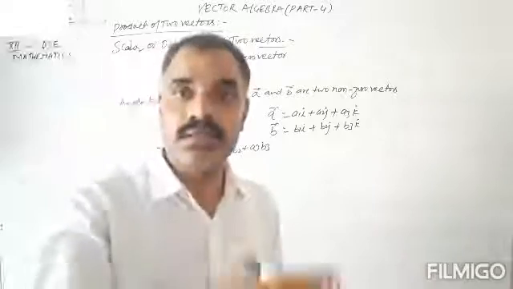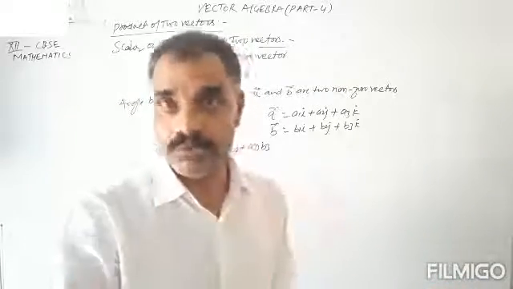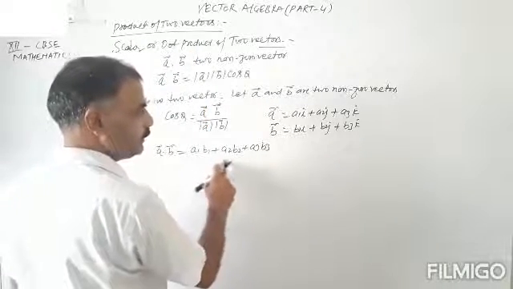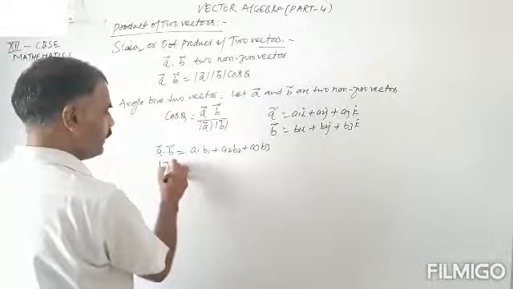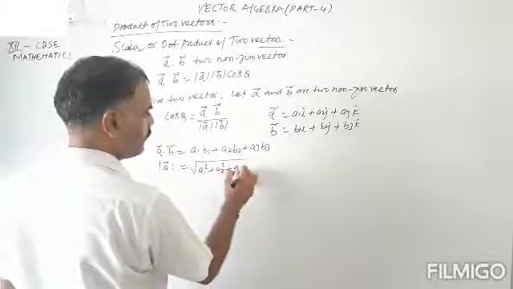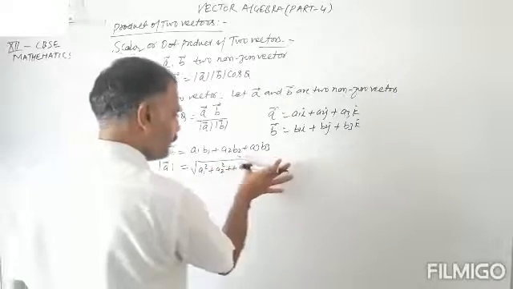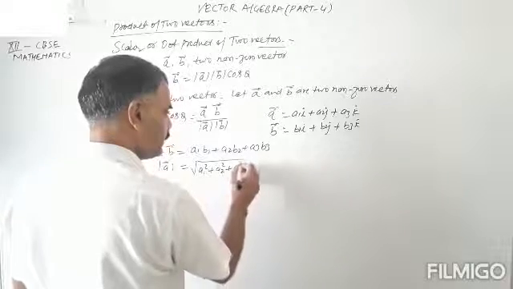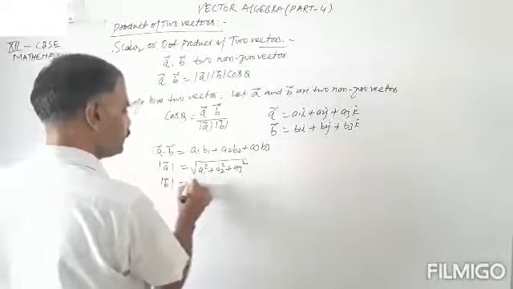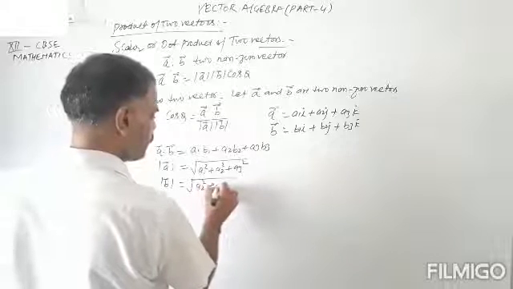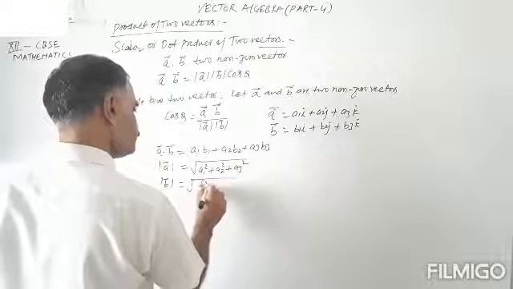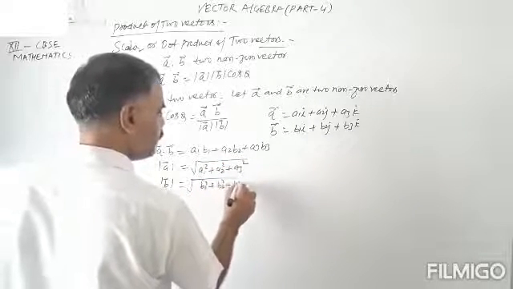We will discuss this product later in this video. The modulus of a vector equals under root a1 square plus a2 square plus a3 square. We have already discussed this modulus of a vector. Again, the modulus of b vector equals under root b1 square plus b2 square plus b3 square.